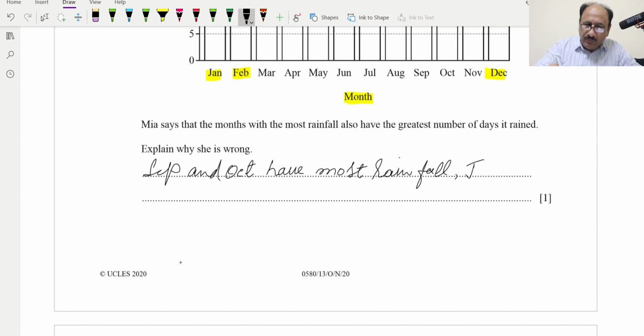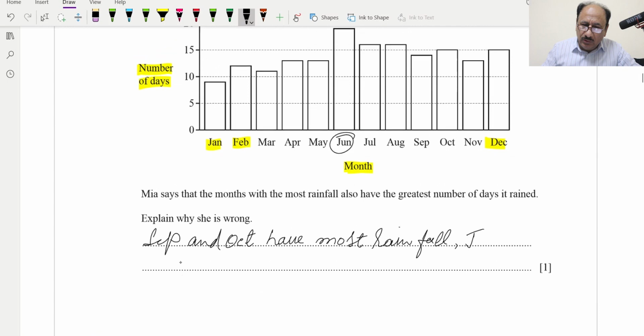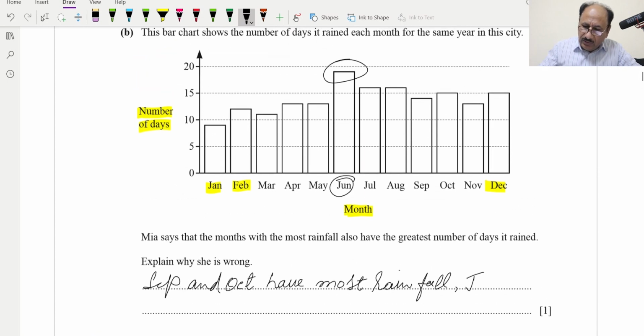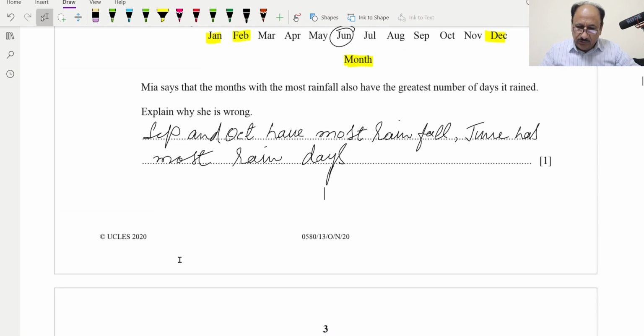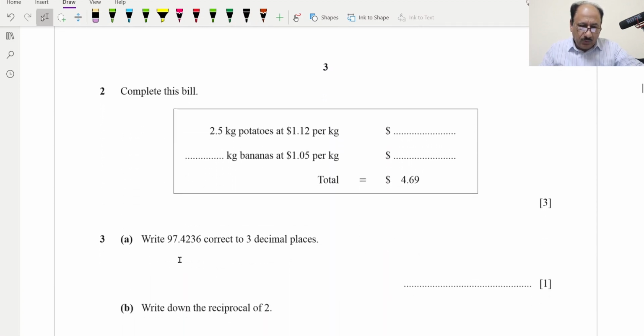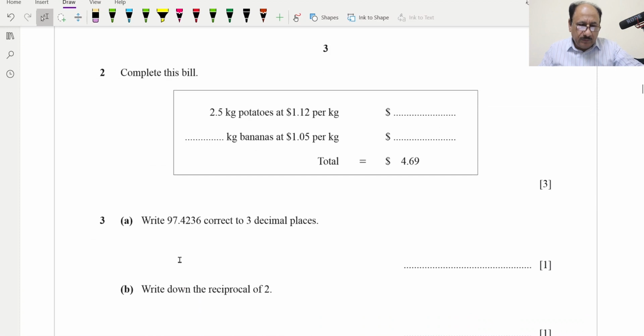So we can check from here also. This one, June has most rain days. So we can mention here June has most rain days. This will be our answer. It's one more question. Then question number 2.